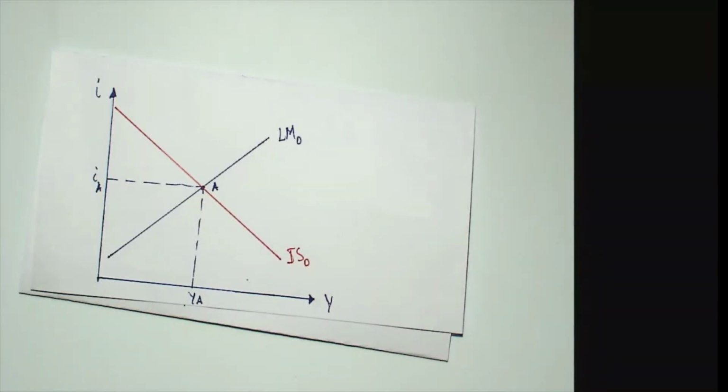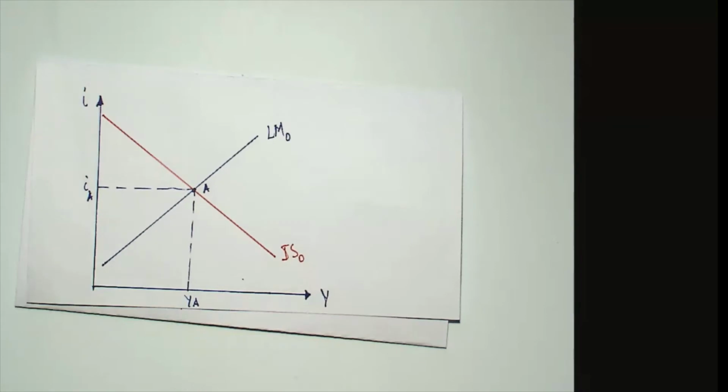So here our autonomous money demand is increasing. This is to say we are on the money market. Previously our money market equilibrium was money demand equal to money supply. If money demand is increasing, our equilibrium condition is impacted and our money supply is decreasing.